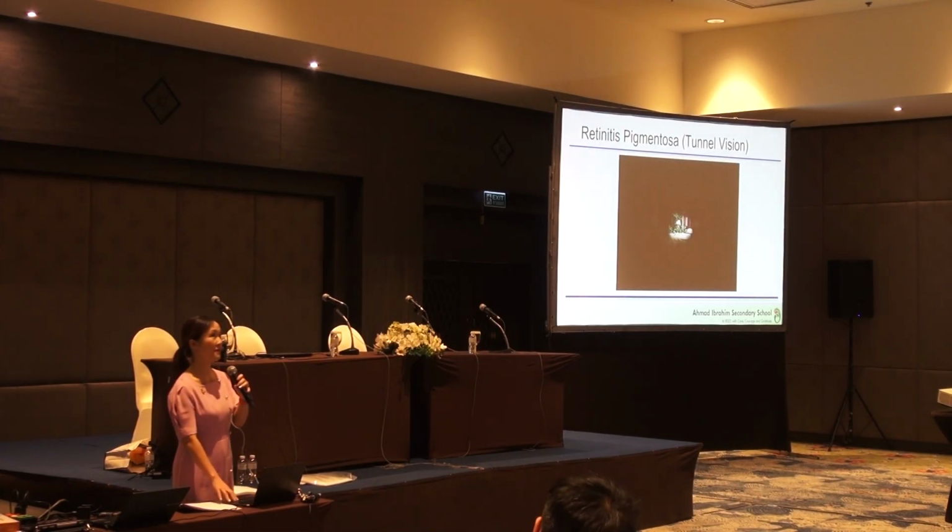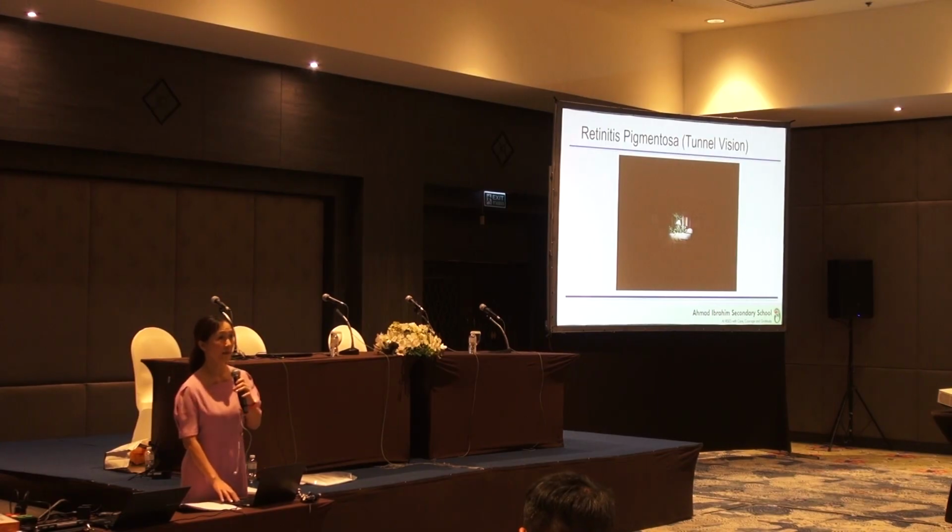Okay, retinitis pigmentosa. I would like to pause here because RP is a very common condition nowadays, and there are many children or even adults that are diagnosed with this condition. RP usually is gradual.